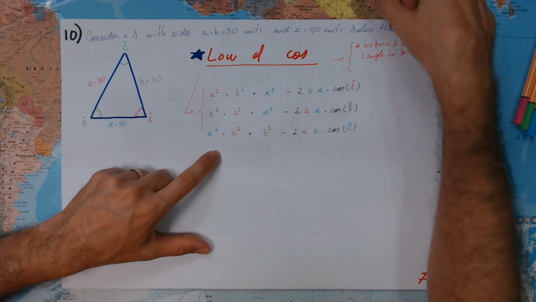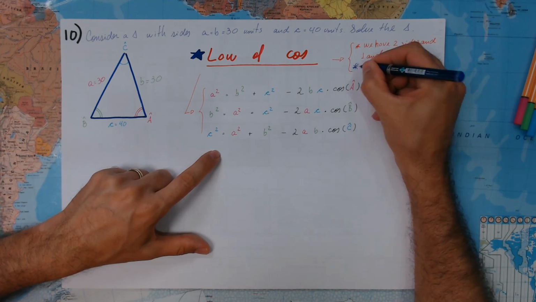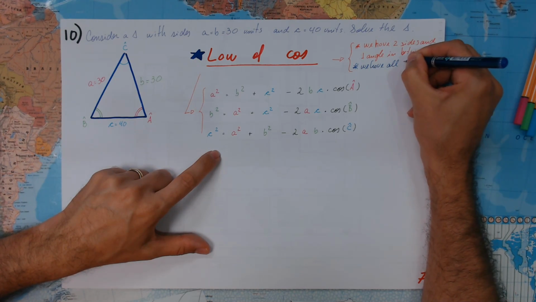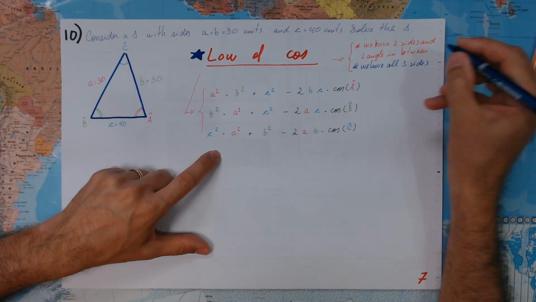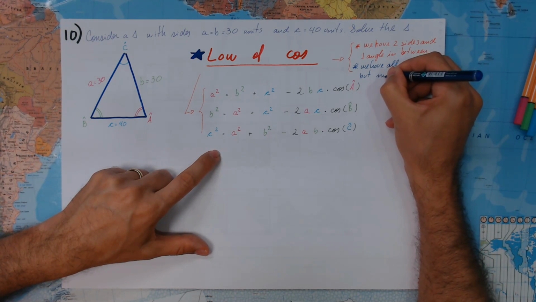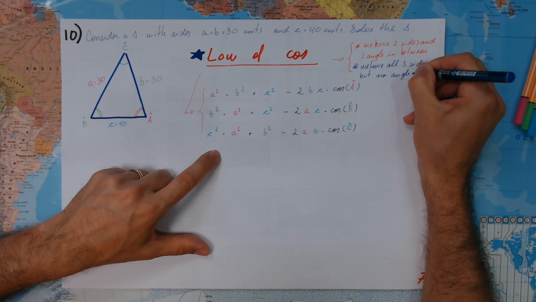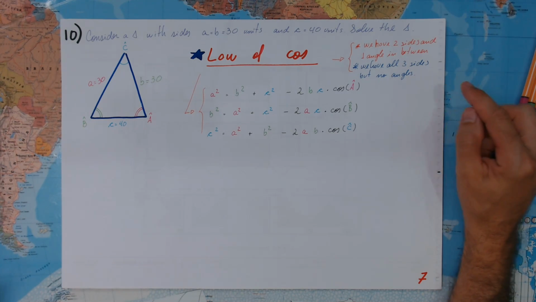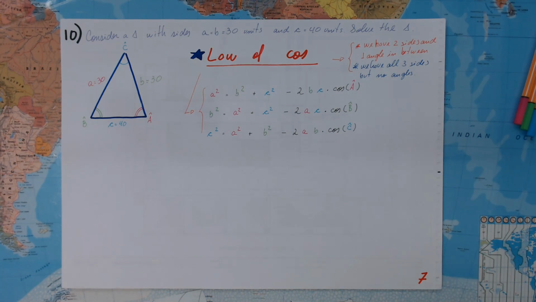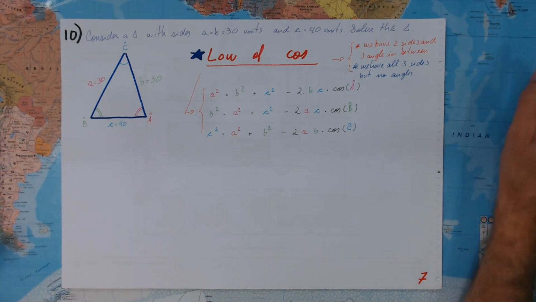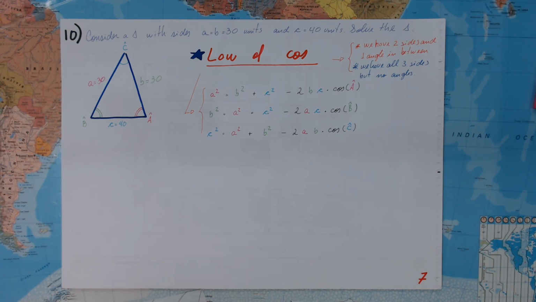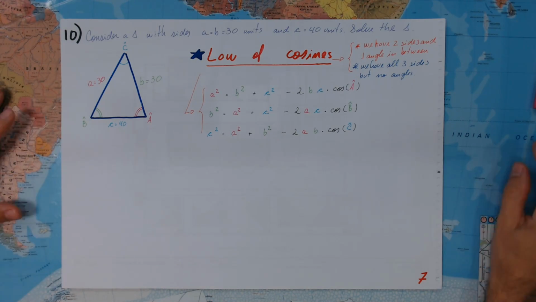Or we can also use this formula when we have all three sides but no angles. Well, what about if we have an angle? Well, if you have all three sides and an angle, you are going to use the law of sines, right? You are not going to use this formula because it's much more complicated to use. When you use the law of sines, it is just cross multiplication. It's very easy.